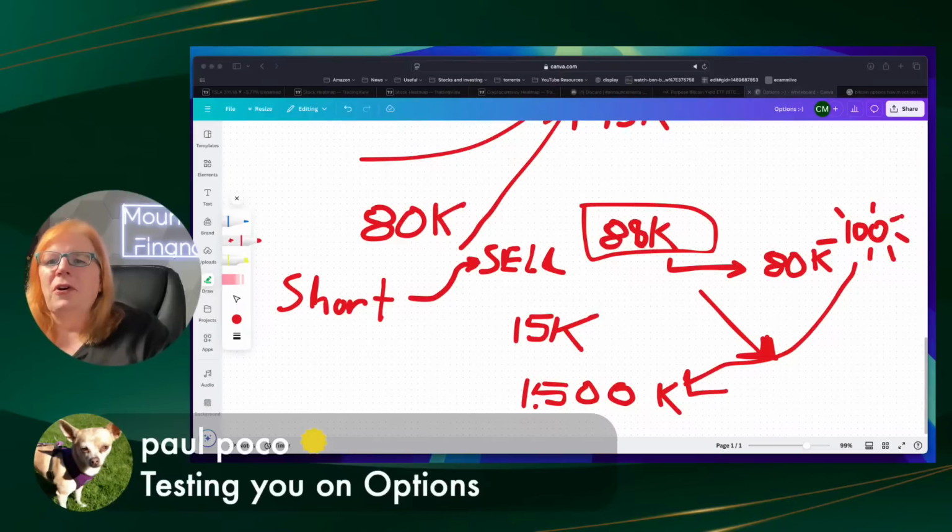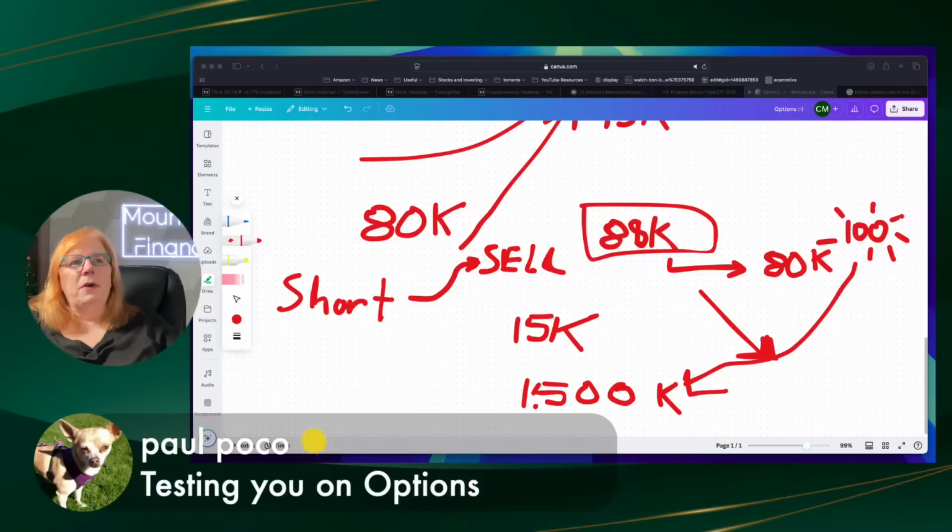Testing you on options. Uh-oh. Do I have a written test? Is it multiple choice? I love multiple choice. It's actually interesting, a slight tangent. One of my English teachers back in high school was talking about how, with most multiple choice, the way they're written, just by knowing English and without knowing anything about the subject, you can usually narrow it down to 2.